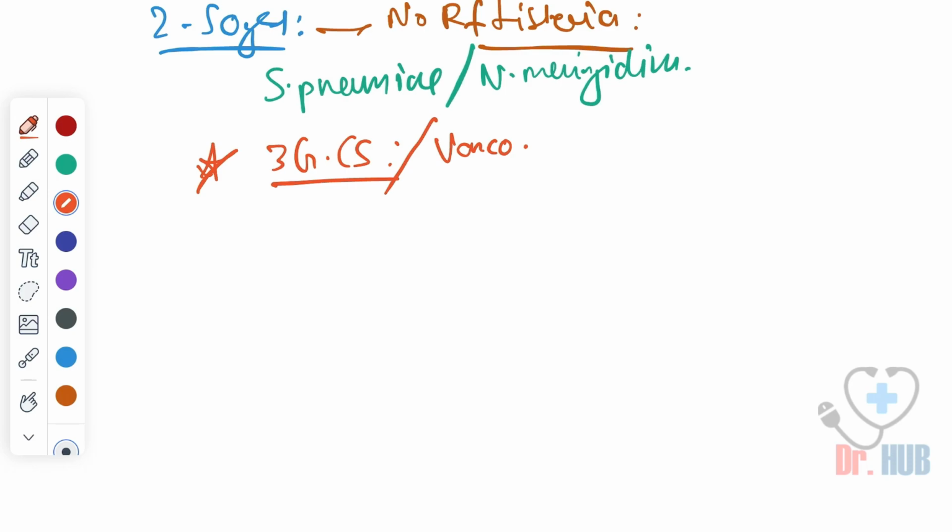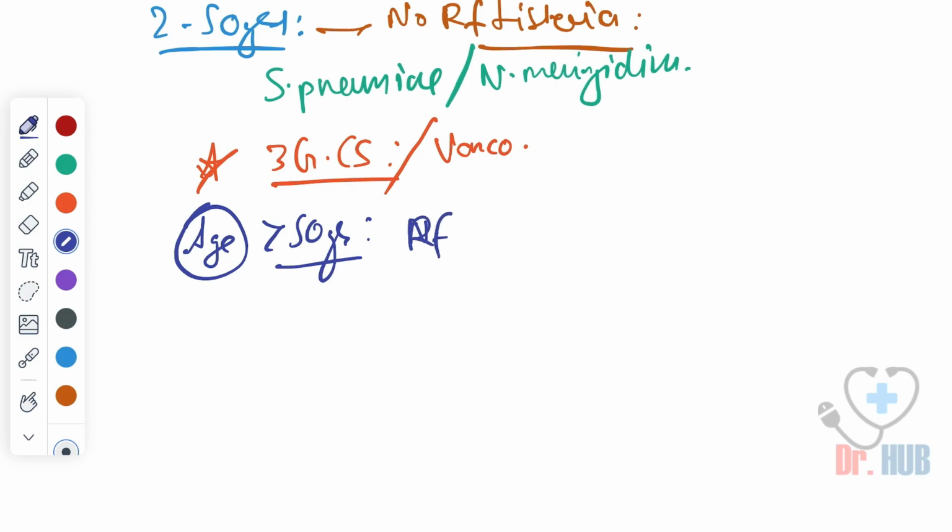Next we move on to the age group greater than 50 years. Previously we saw there were no risk factors, whereas here risk factors are there, the risk factors for Listeria.